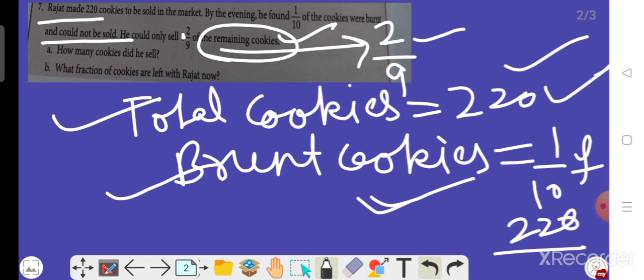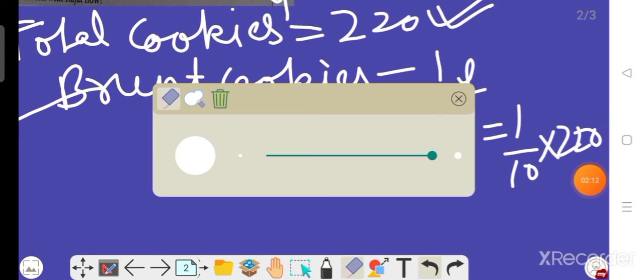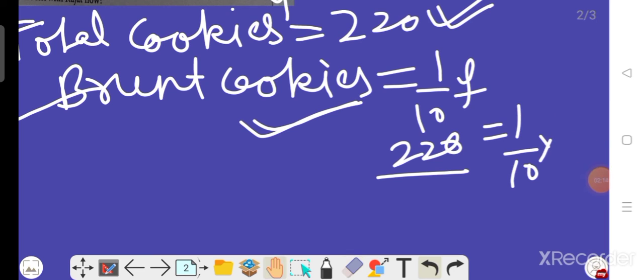So look here. The amount of burnt cookies is equal to 1 by 10 multiplied by 220. So after cancelling the common factor, what we have is 22, since 0 and 0 cancel, and this is equal to 22.